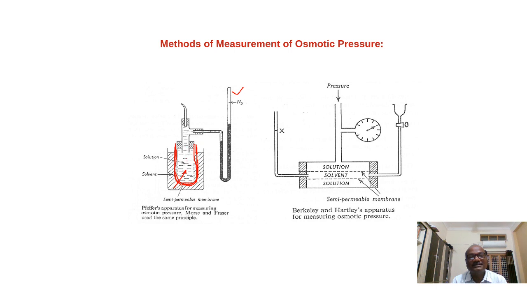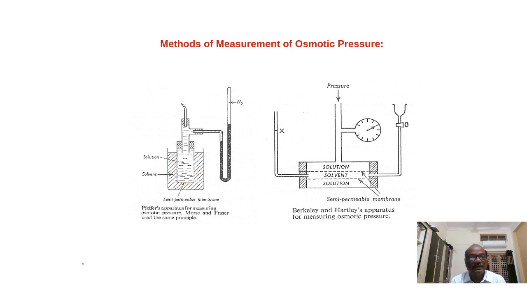The pressure increases, and we can see the increase in the manometer. The increase in pressure observed in the manometer at equilibrium is nothing but the osmotic pressure. Like that, we can determine the osmotic pressure with the help of the Pfeffer apparatus.